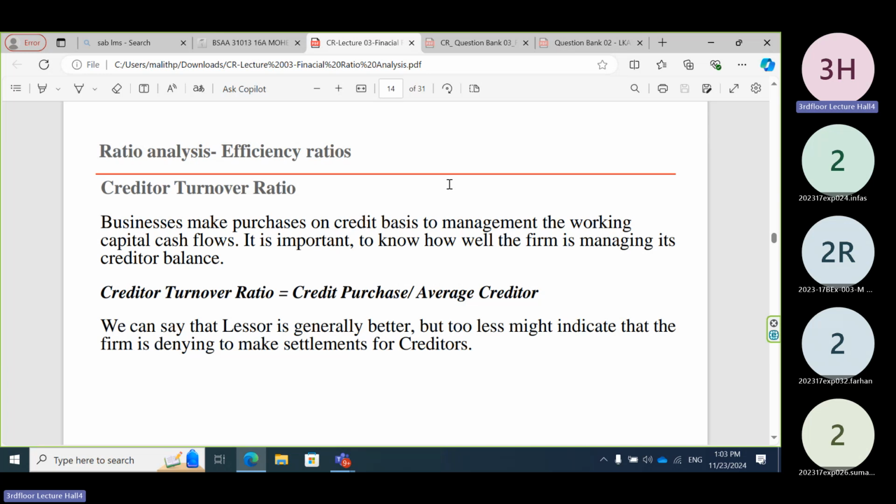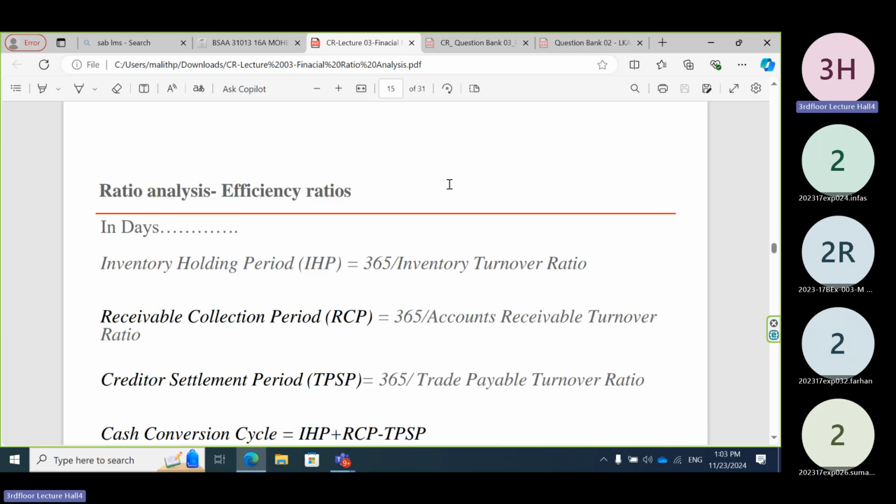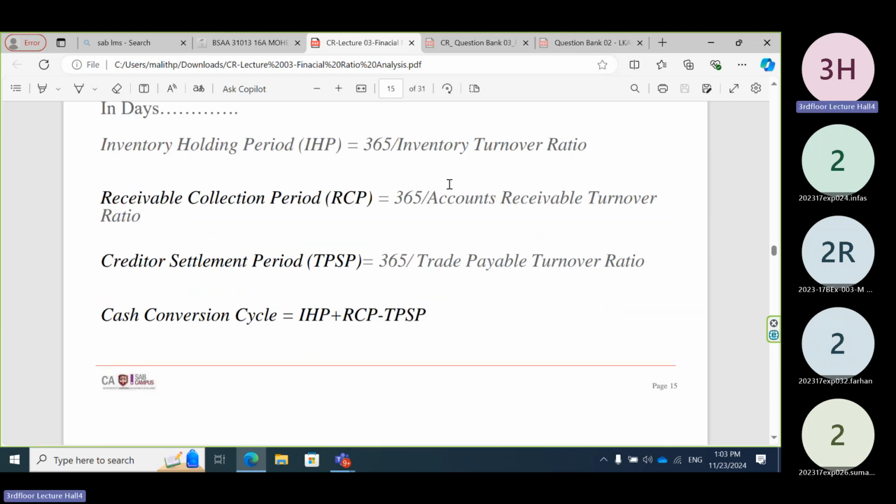Accordingly, you can calculate the cash cycle. Cash conversion cycle means ISP plus RCP minus TPSP. What are they? Inventory holding period, receivable collection period, and creditor settlement period.